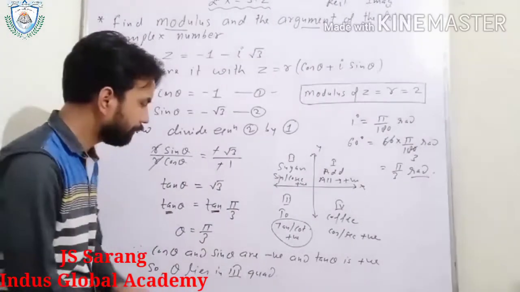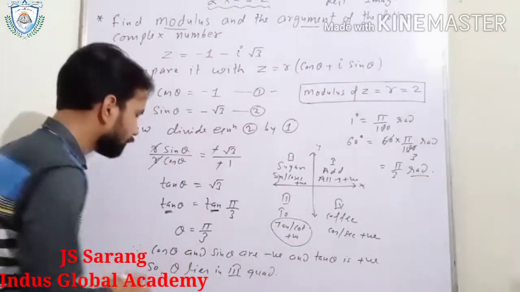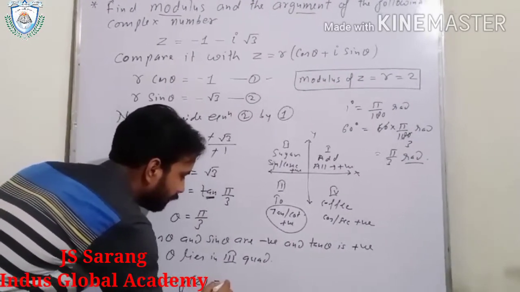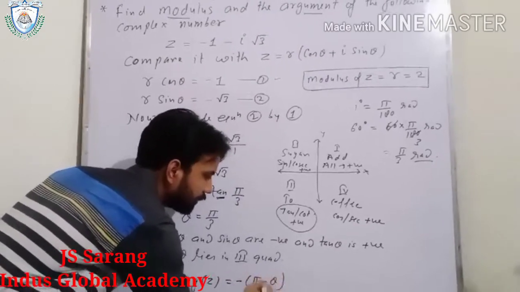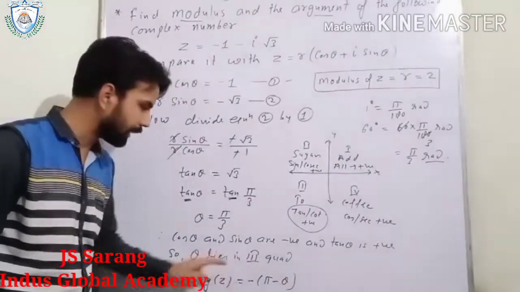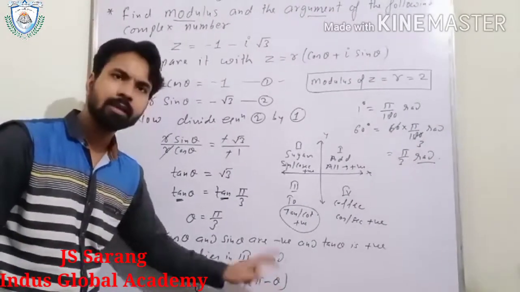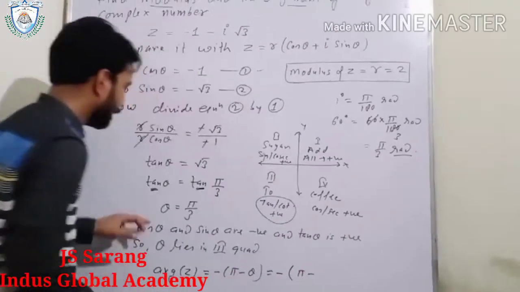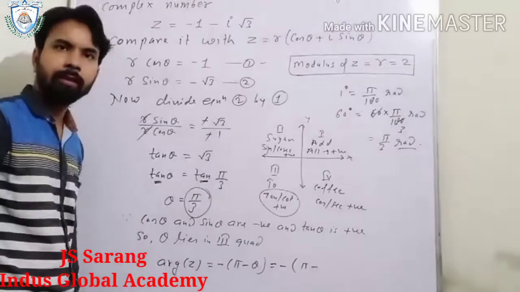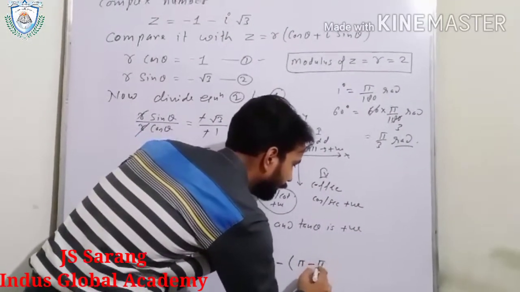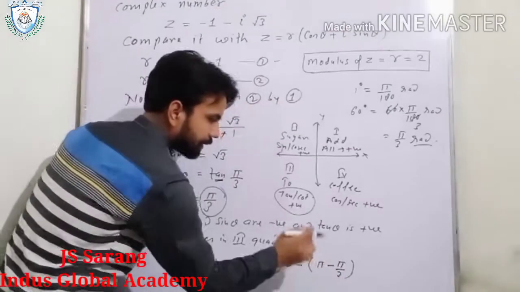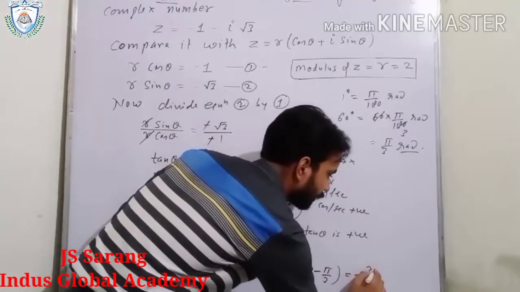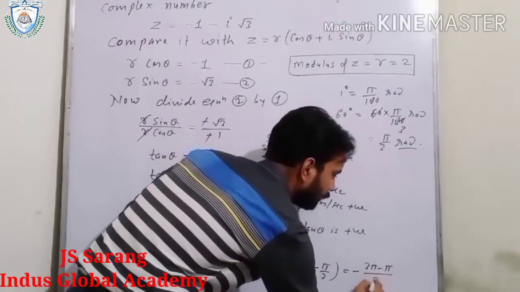I told you, if theta lies in the third quadrant, then the argument of z will be minus pi plus theta. Here the value of theta is pi by 3, so we write pi by 3 here. Simplify this.